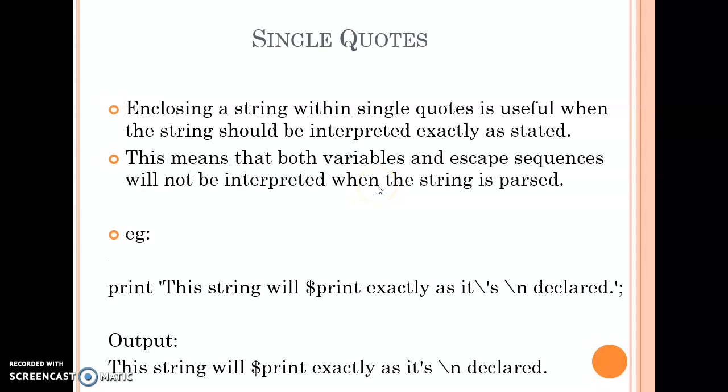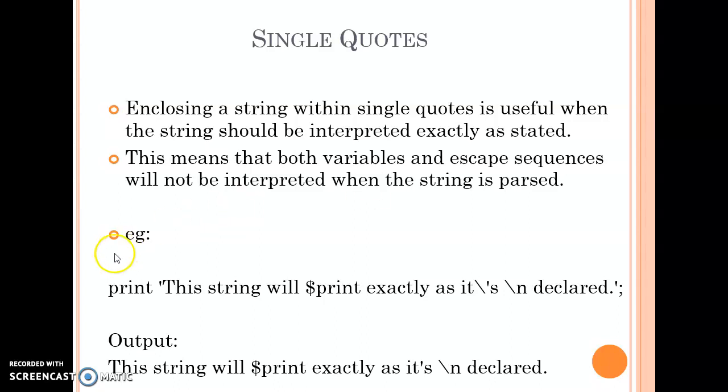Single quotes. Enclosing a string within single quotes is useful when the string should be interpreted exactly as stated. Whatever data is represented in single quotes must be the same as the given input value.